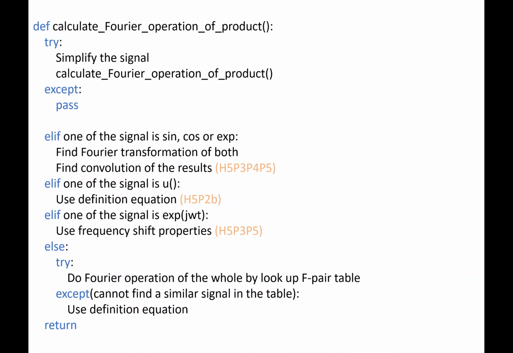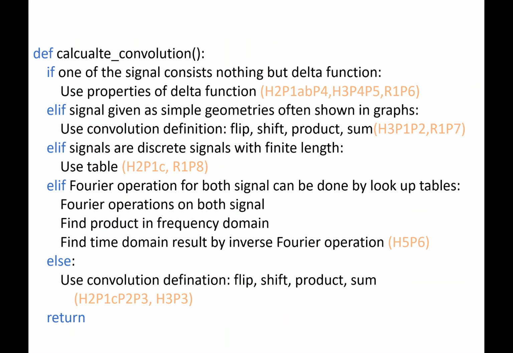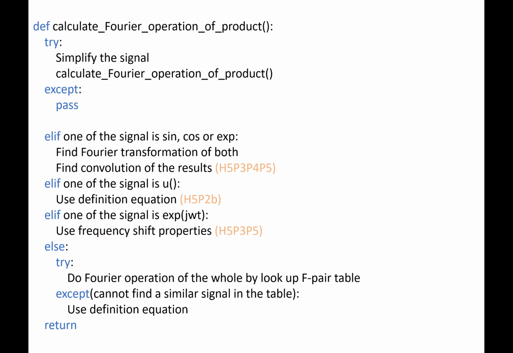For the previous slides, calculating the convolution is like this: I have two signals, x(t) and h(t), and I want to compute the convolution. In the other domain, it is X(f) times H(f).